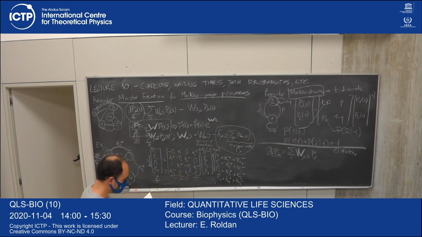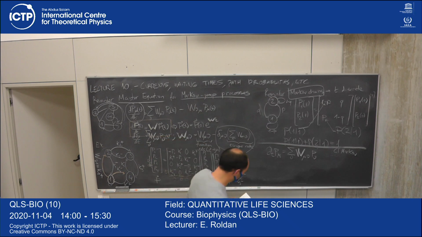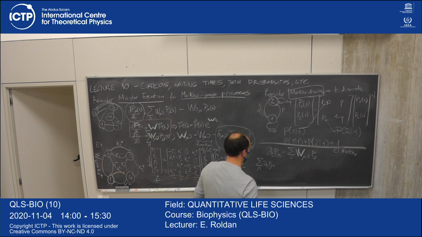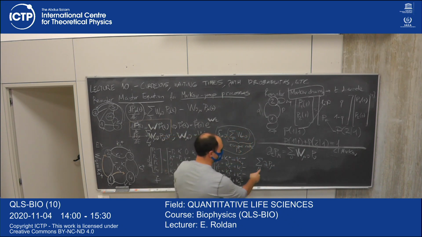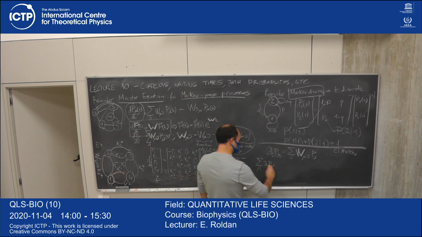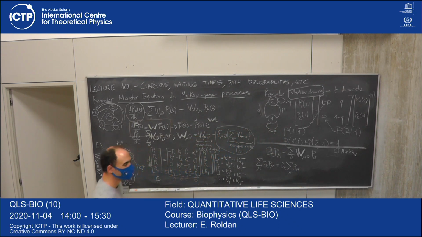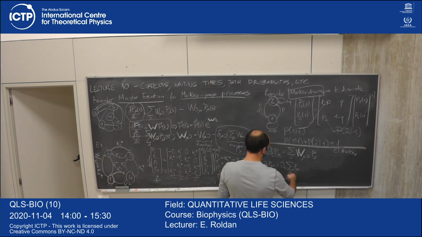So now the question is, what happens if I sum over mu here? If I do the sum over mu of partial t of P mu, partial t can be moved out of this sum. Partial t of the sum over mu of P mu. And what is this? Can someone tell me? 1. Yes, this is 1. The sum of all probabilities is 1.